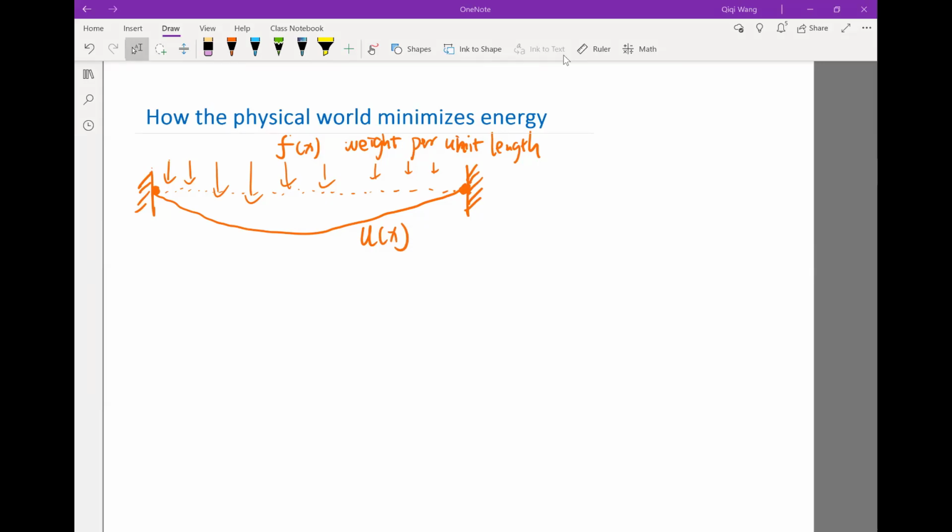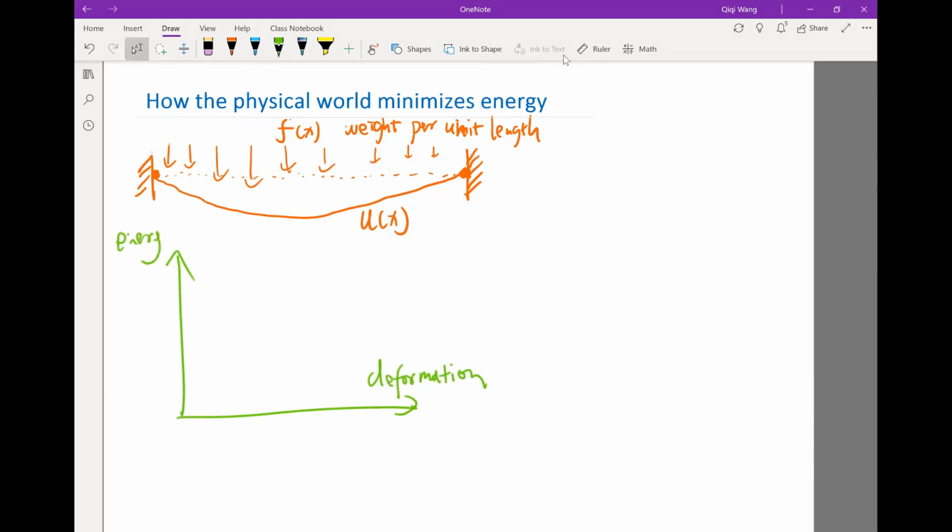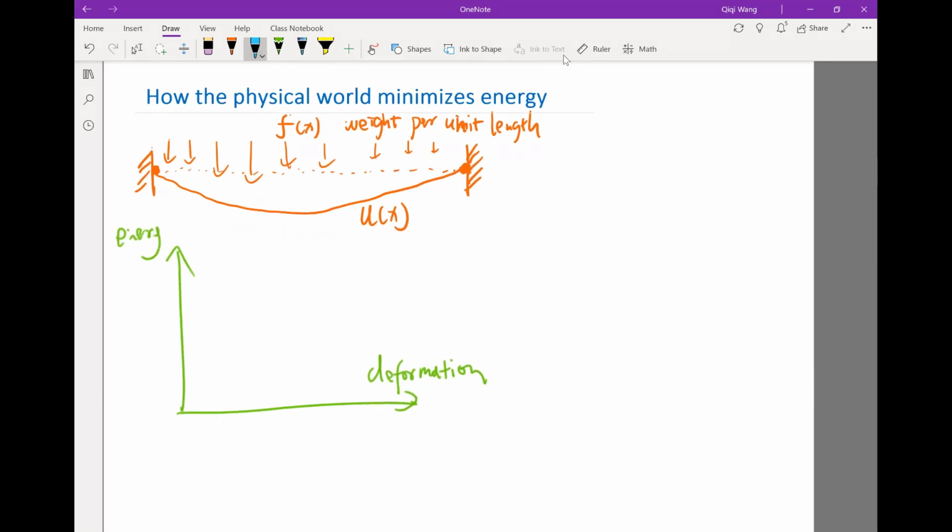If you can draw this, this is a very non-rigorous, hand-wavy way of describing this. If this is the deformation in some sense, and this is energy, I have two energies.